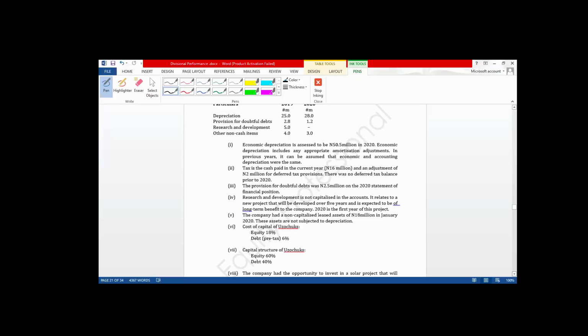The cost of capital of the company: equity 18% cost, debt pre-tax 6%. The capital structure of the company: equity 60, debt 40.